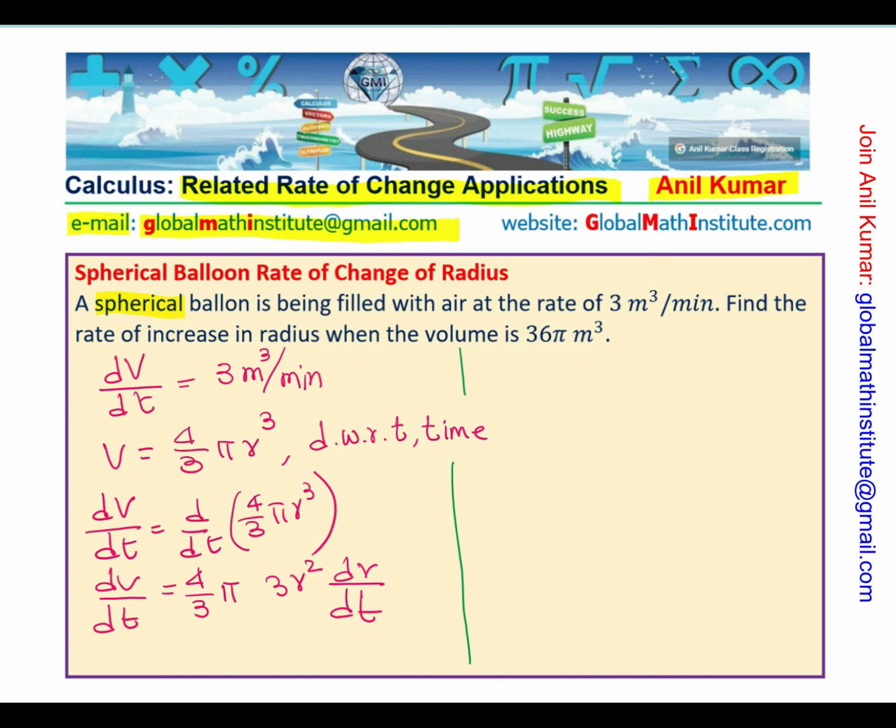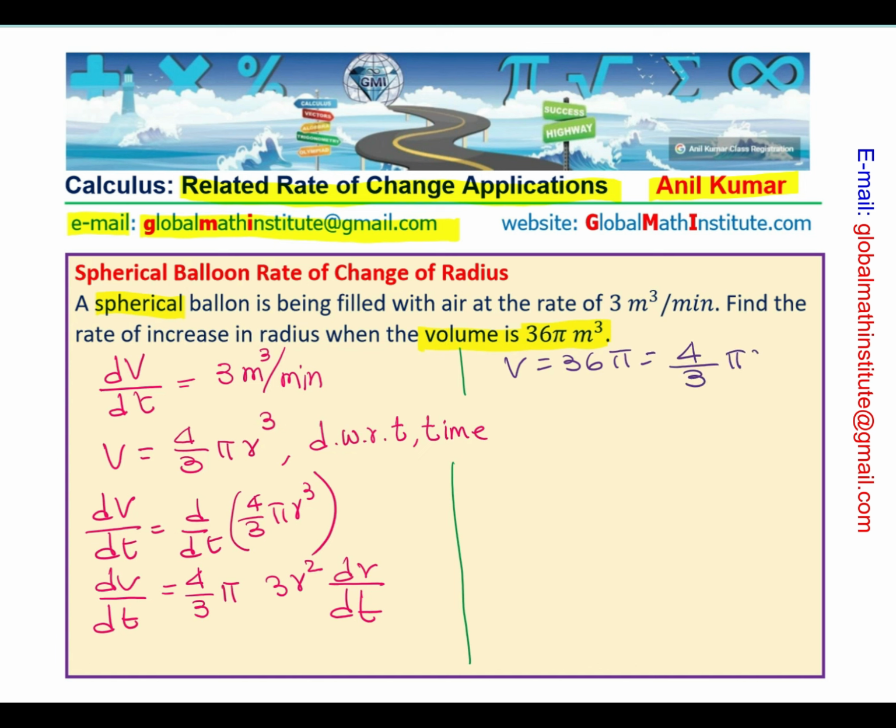One more information is given, which is find the rate of increase in radius when the volume is 36 pi meter cube. So at this instance, when the volume is 36 pi meter cube, what is the radius? This is what we need to figure out. The volume is 36 pi and it is related with radius by 4 by 3 pi r cube. So cancel pi and pi. So r cube is equal to 36 times 3 divided by 4.